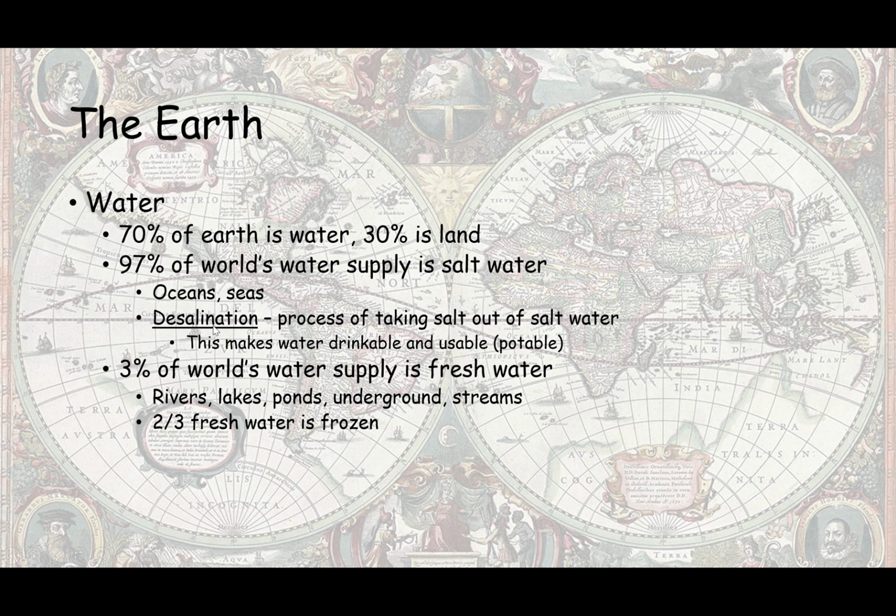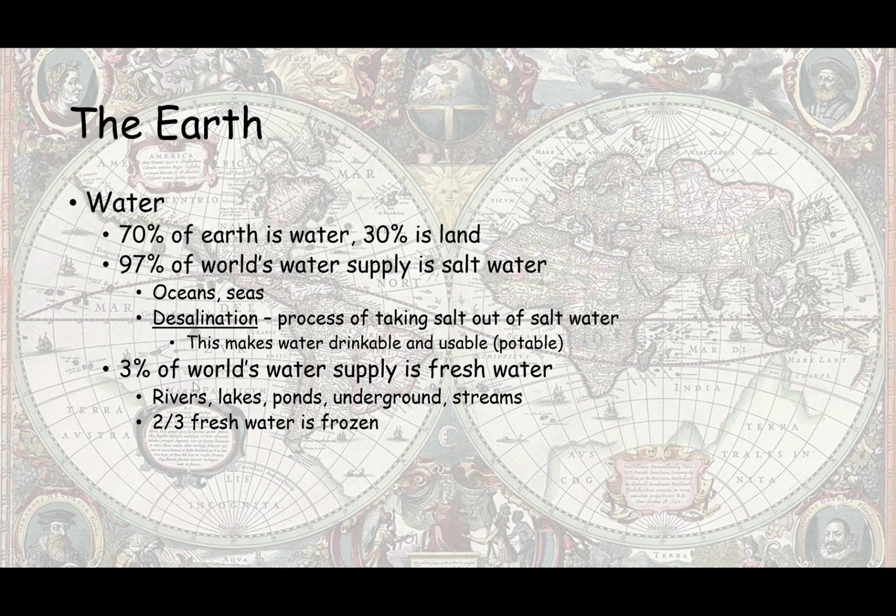And so the process of taking that salt out of the salt water to make it potable is called desalination. Okay? And you have plants that do this, and especially in areas that don't have much water, it is actually life-saving to be able to take that salt out of the seawater to make it drinkable.